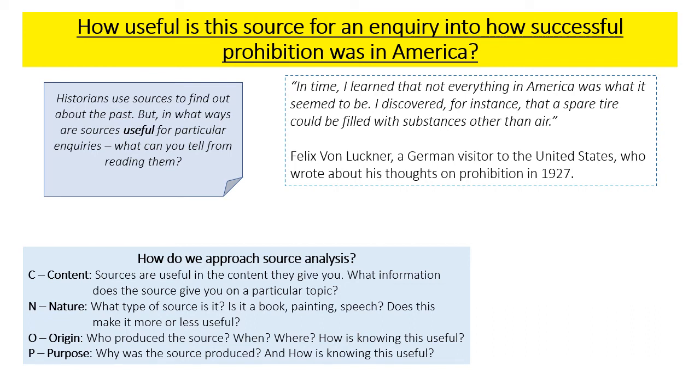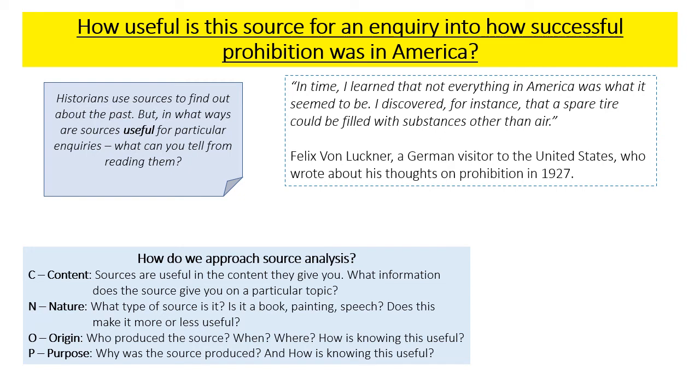So he's suggesting that people might be hiding alcohol in strange places in America, that actually prohibition wasn't successful because people are going to the extreme length of hiding alcohol in a car tyre, for example. So it's showing that people aren't really following prohibition. It's unsuccessful. So that's what we've got from the content.